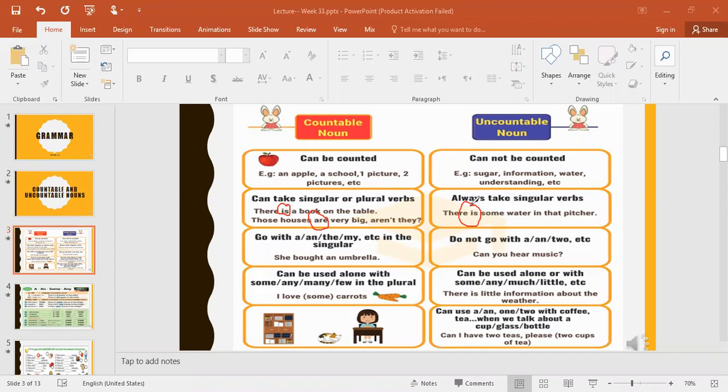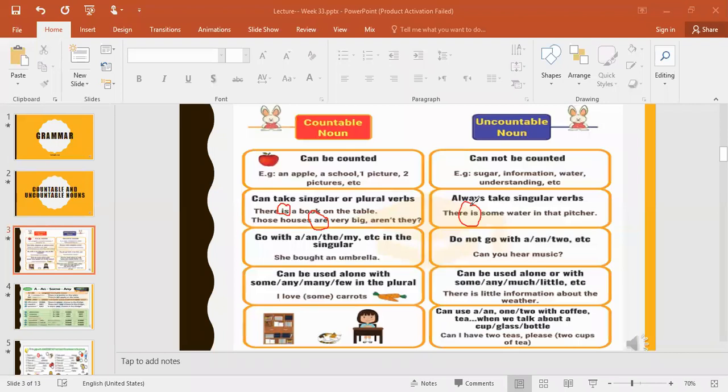Now, the uncountable nouns do not go with an, a, and two. What does two mean? Number. They do not go with 1, 2, 3, 4 cars and so on. Can you hear music? For example, he is drinking water. I do not say he is drinking a water.